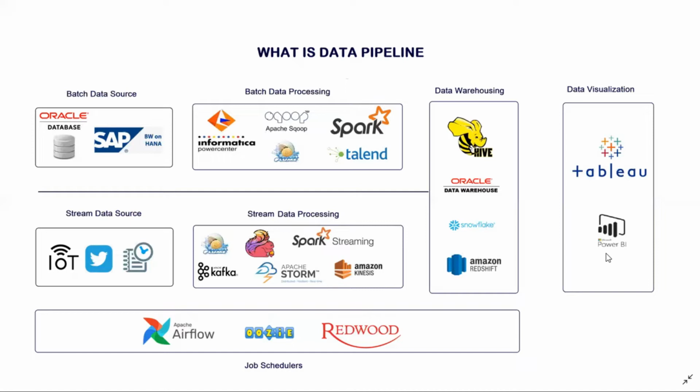In real-time projects we will use most of these tools, so please make a note. I will tell you the importance of each tool, so you know why we use them under batch data processing and under stream data processing.